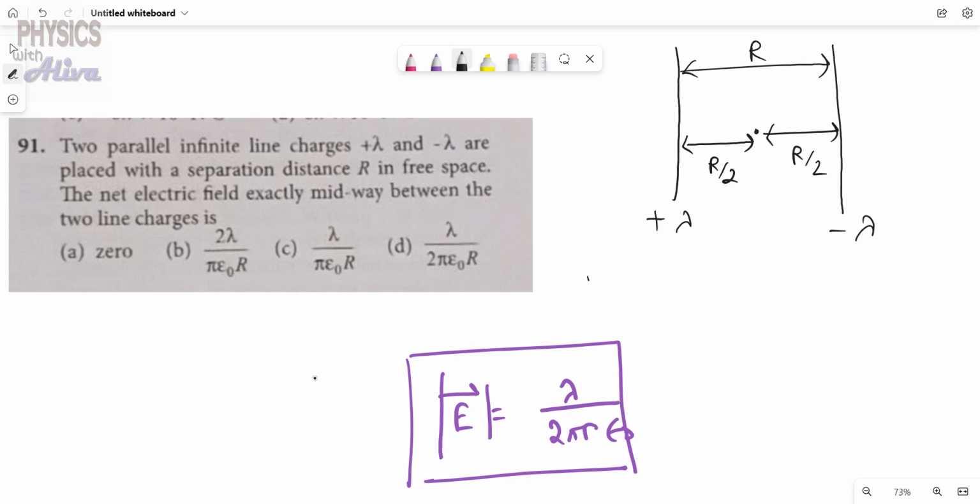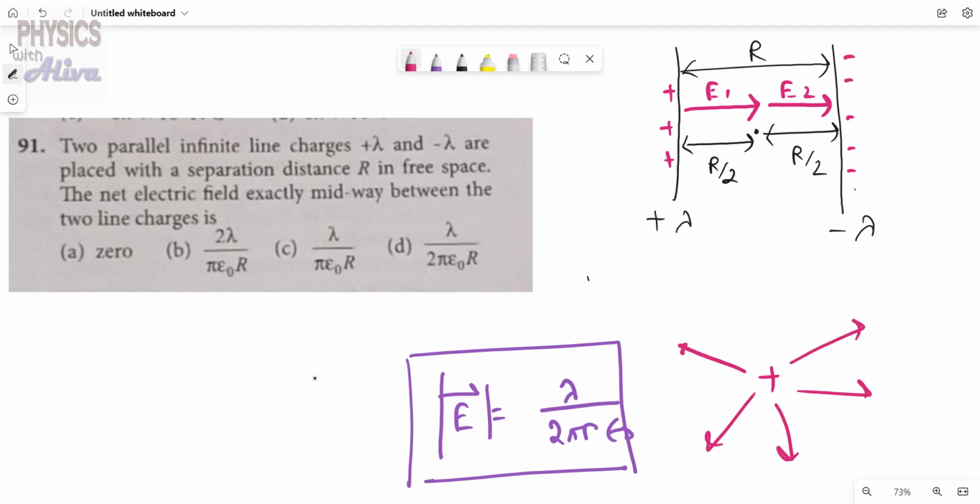For the first one, the electric field vector will act in this direction because this is a positive line charge, and as this is a negative line charge, for this the electric field vector will act in this direction. We know from a positive charge electric field lines go outside, and for a negative charge the electric field goes towards the charge, right?